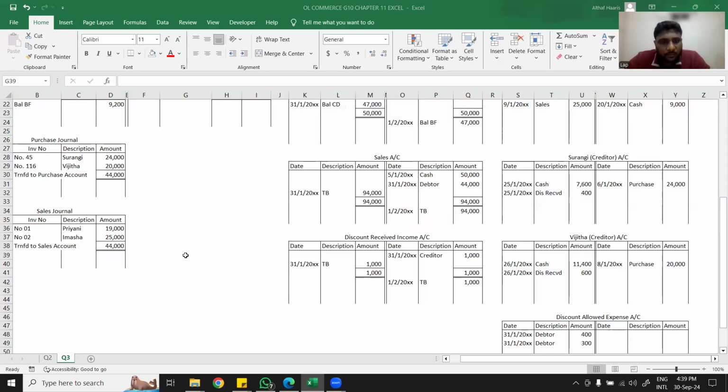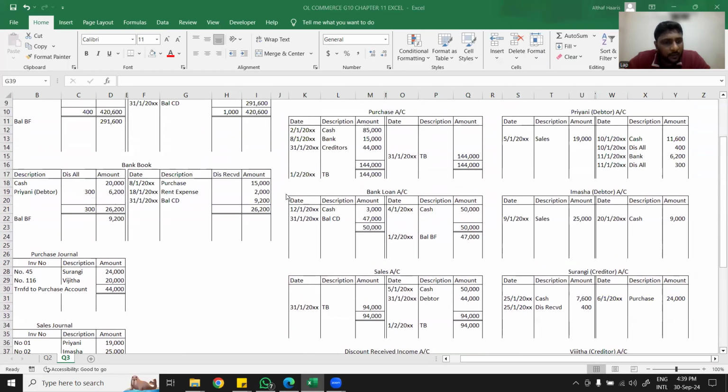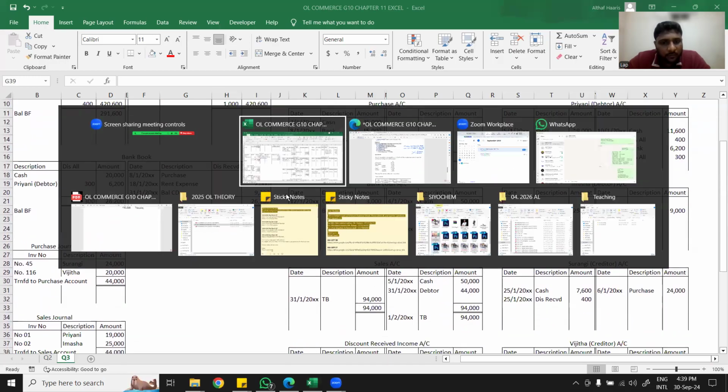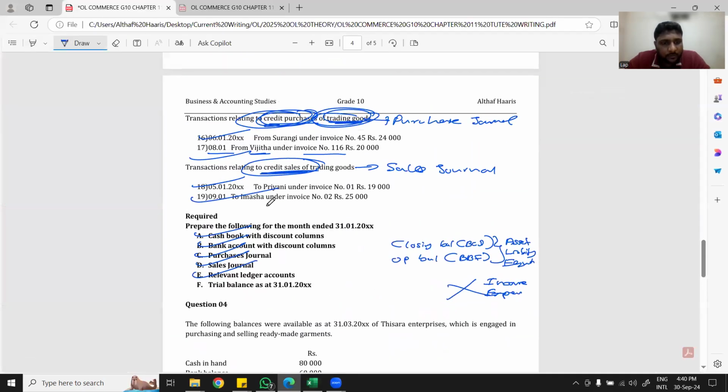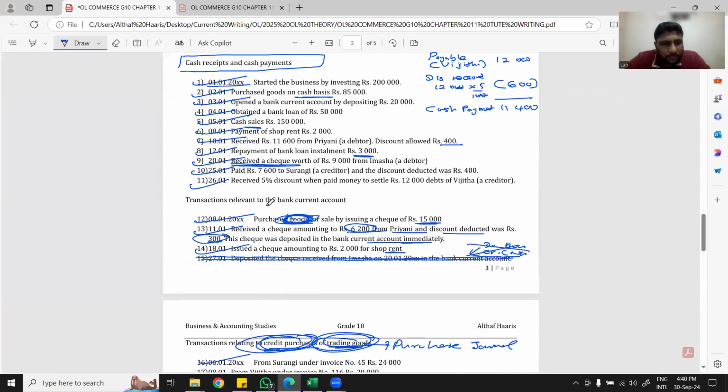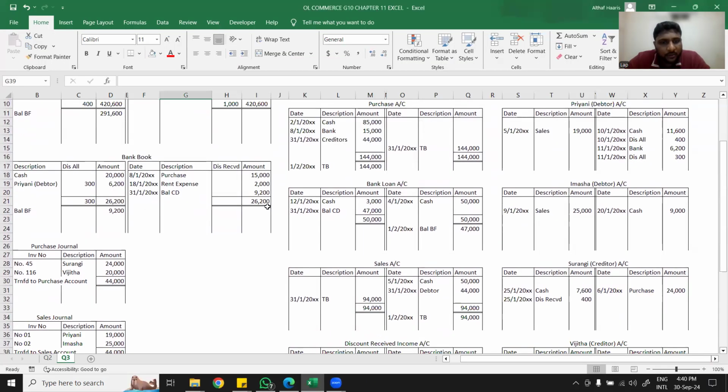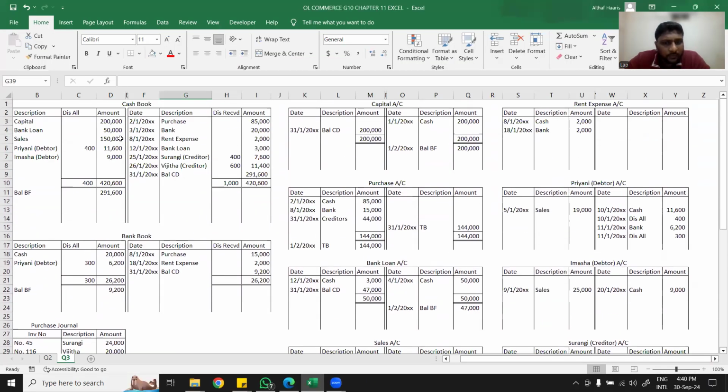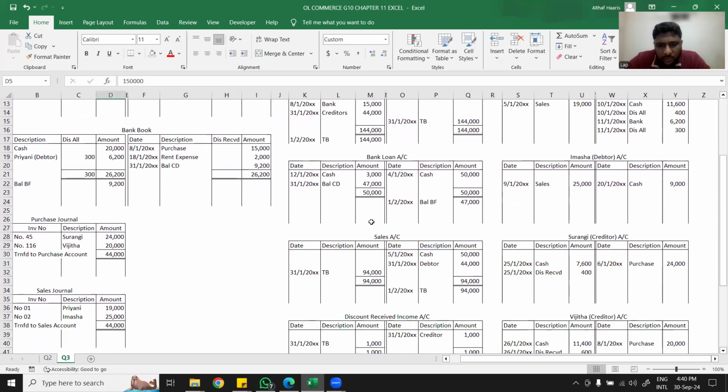Let me check. Cash sales 150,000. Sales account. Yes. So there is a small typo, Lamai. Here it should be 150,000 in the sales account.